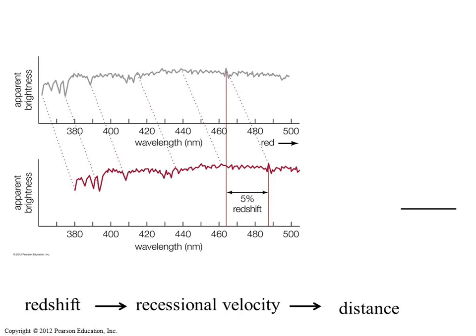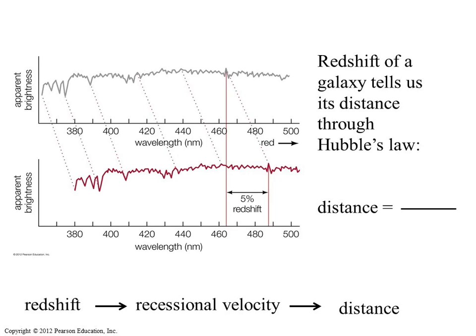So let's see, what are we up to? Is this 6? No. Okay, step 6. We can use the redshift to get to the distance of a galaxy. So to rearrange the relationship on the previous slide, solving for distance, you divide both sides by H0, Hubble's constant.